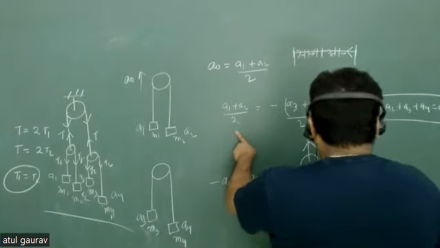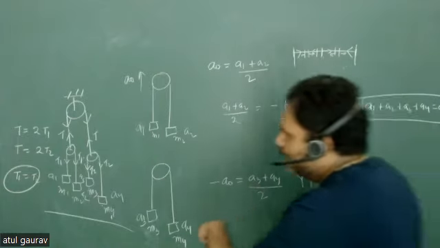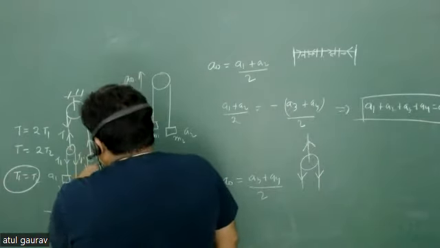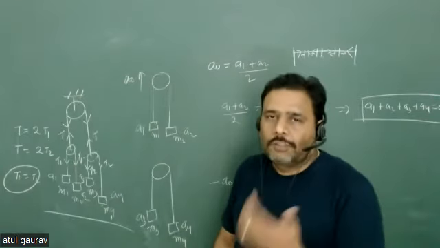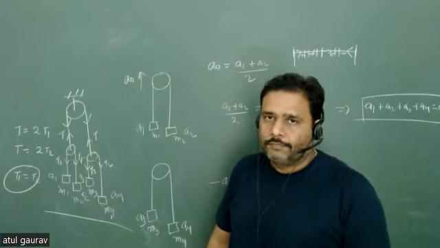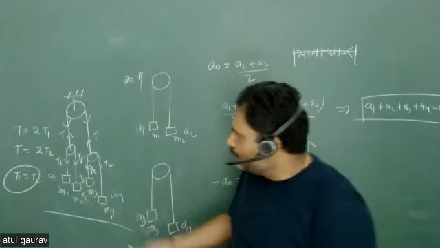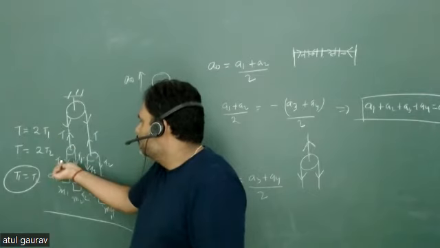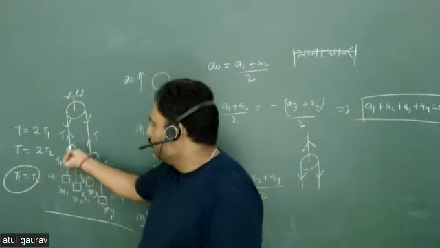Then you will get A1 plus A2 plus A3 plus A4 is equal to 0. And since these two pulleys are massless, there is no need to write the equation of motion. This will only tell you that this tension T is equal to 2 times T1, and it gives just this information.